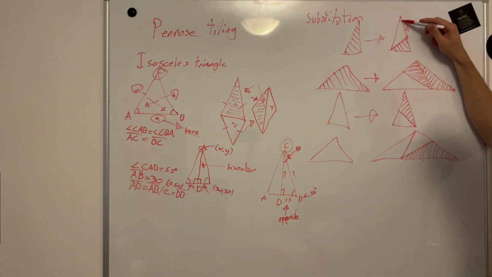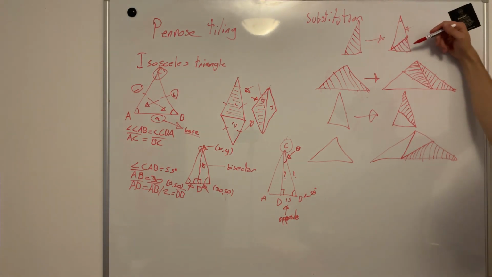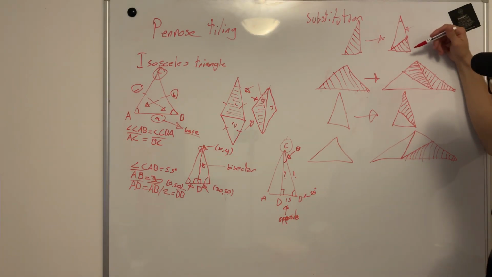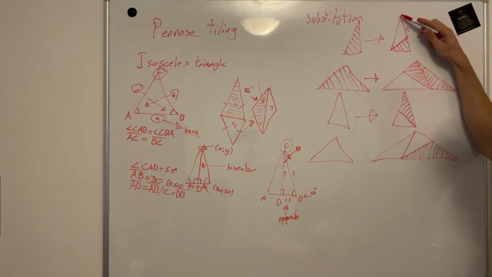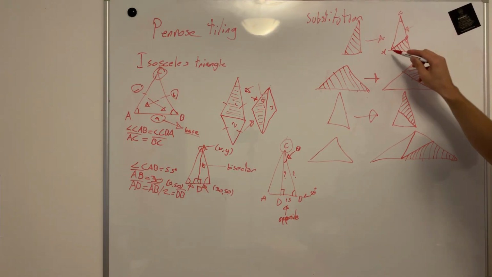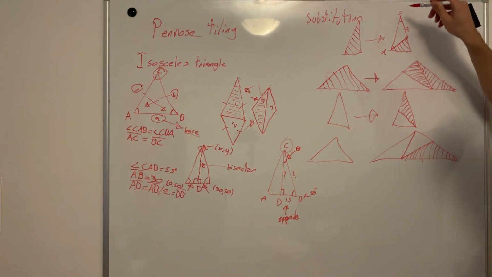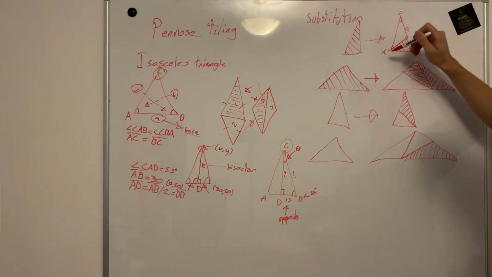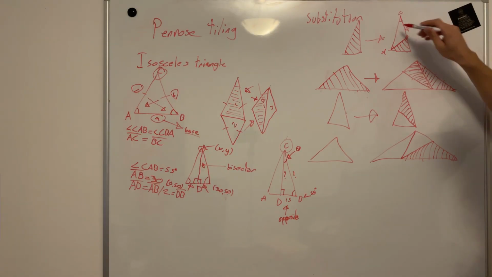And the angles are always going to be the same, regardless of how many substitutions we do. So in this case, we'll know that the C point from this triangle and the A point from this triangle are the base A point and B point for this new triangle.